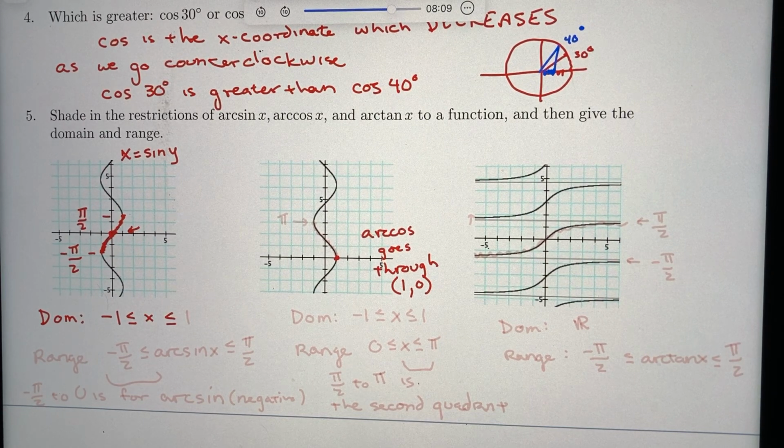The domain for arc sine then is negative 1 to 1. Notice x-coordinate goes from negative 1 to 1 only. Range is negative pi over 2 to pi over 2. And that's, remember that negative pi over 2 to 0, fourth quadrant, is for negative inputs.